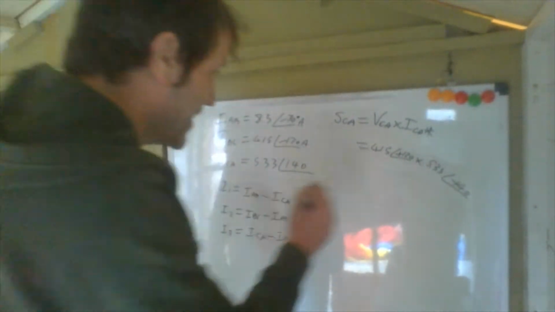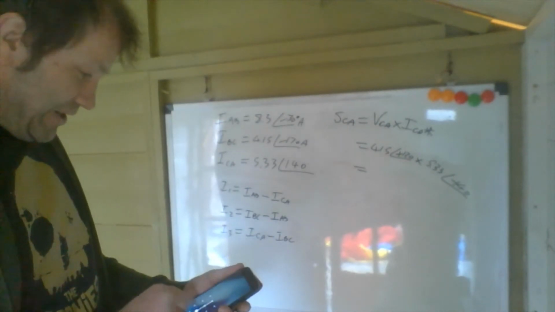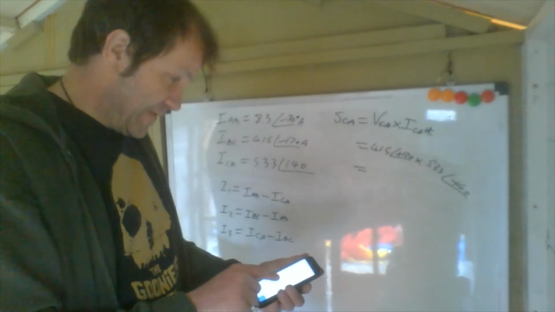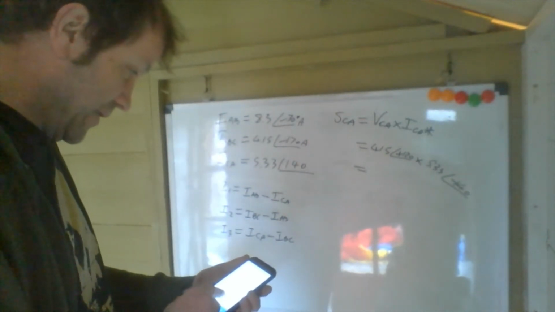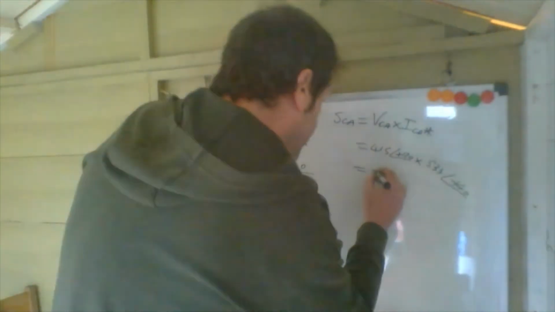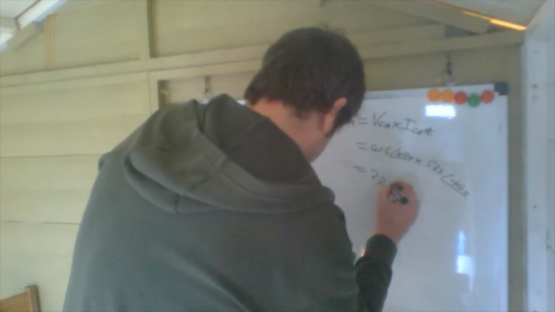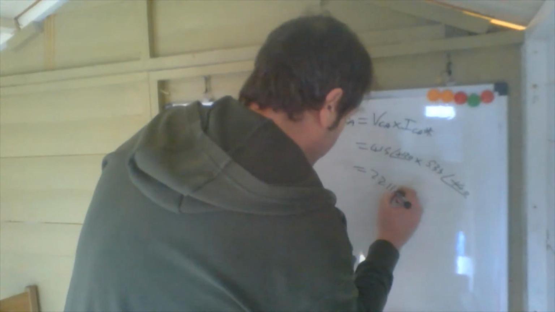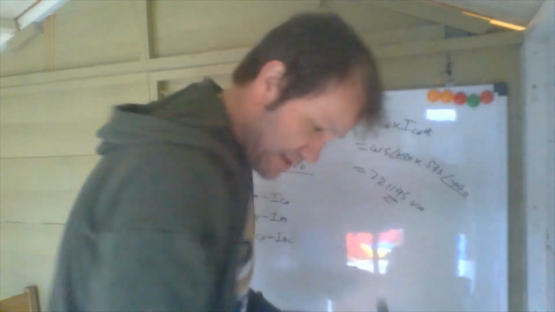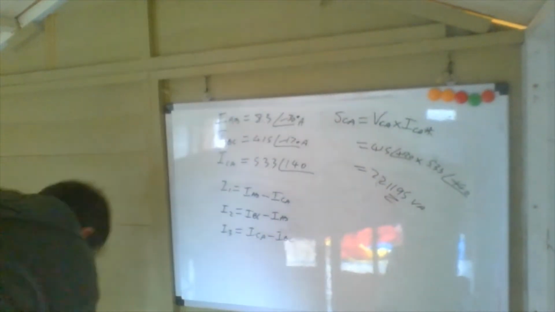Right, and so that'll give us 415 times 5.33, which is 2211.95 volt amps. I'll write that down here. Don't worry, it'll be straight on the bit of paper there.